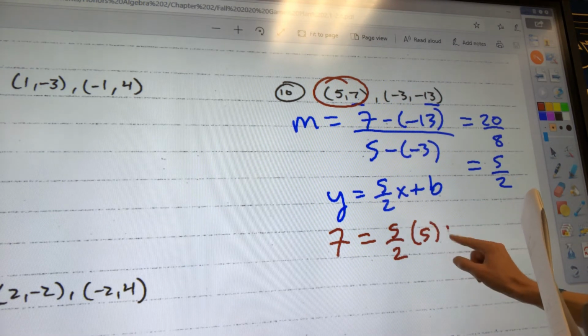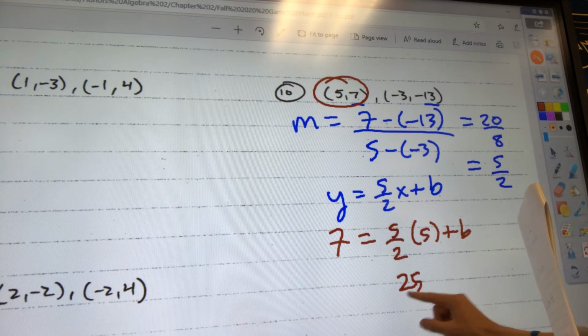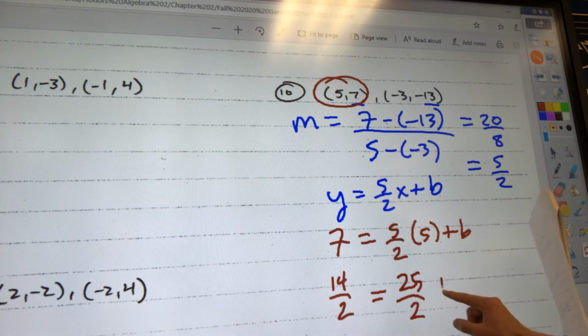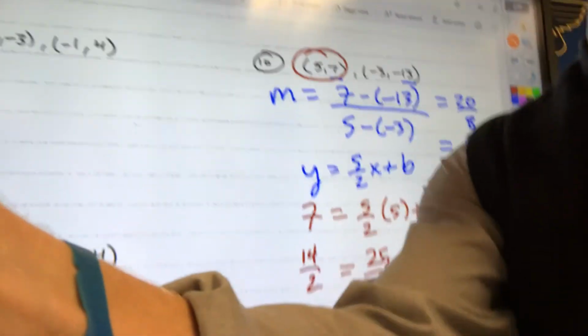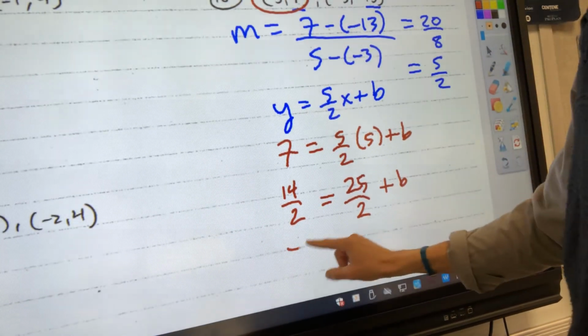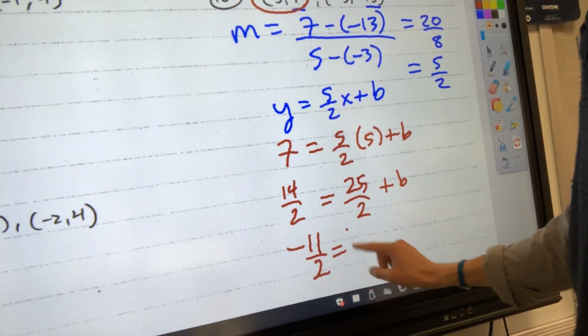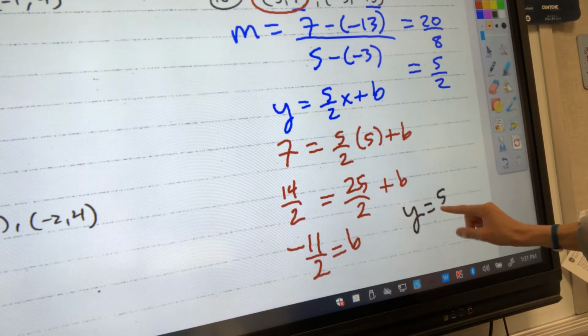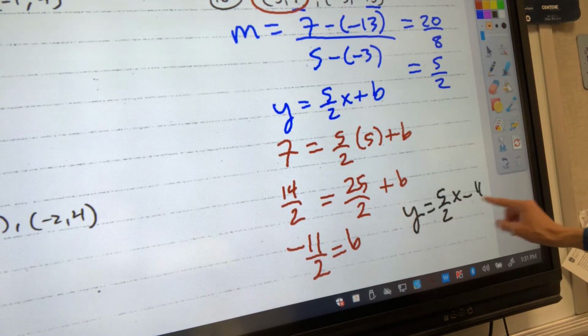Plug 5 in for x. This is going to be 25 over 2. So I'm going to rewrite 7 as 14 over 2. I'm going to subtract 25 from 14. Negative 11 over 2 is b. Y is 5 over 2x minus 11 over 2.